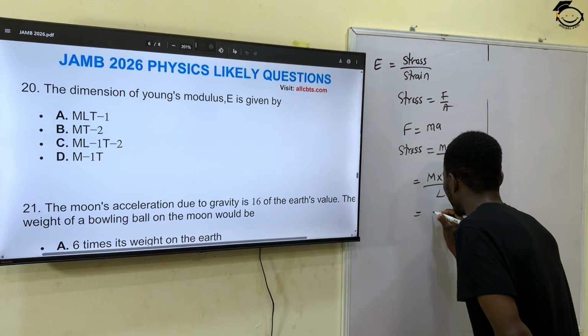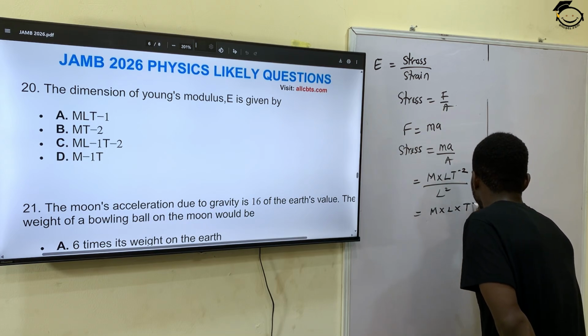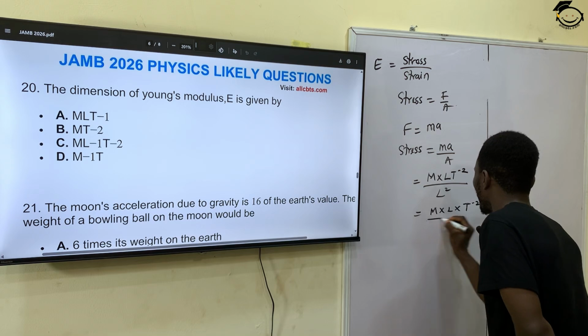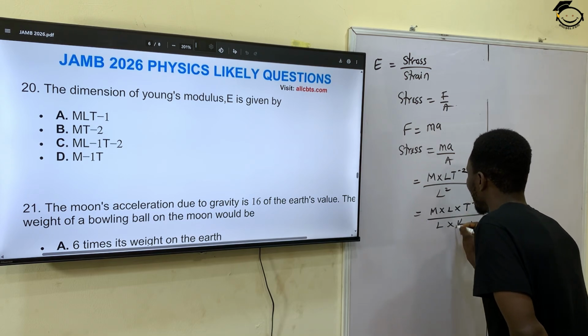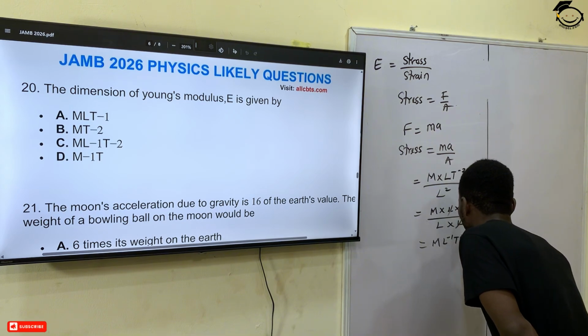So this means that I have mass times length per time square over length times length. So length will cancel out length. This means that I have what? Mass per length per time square.